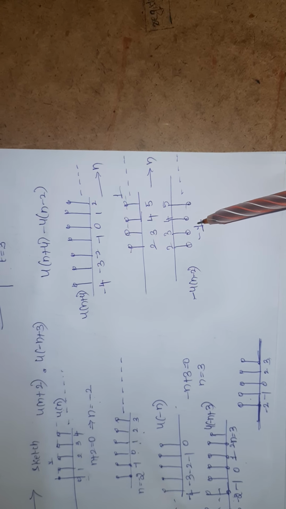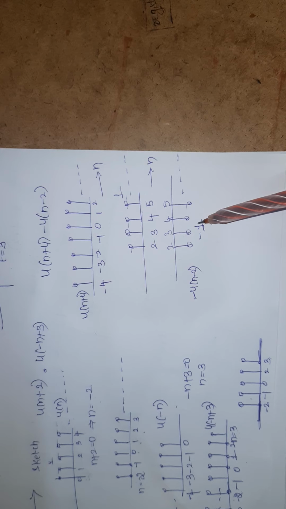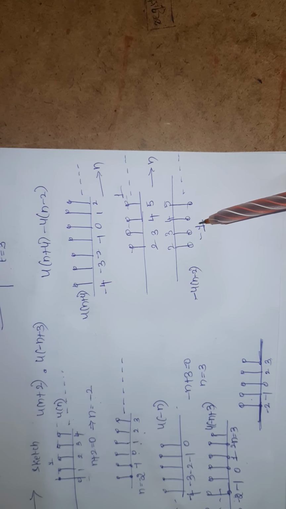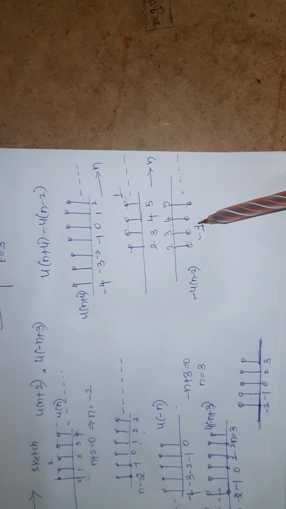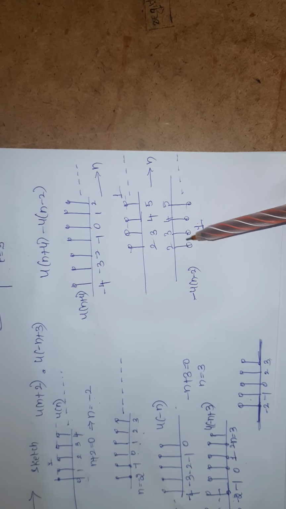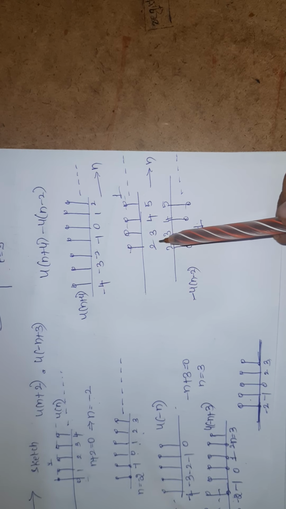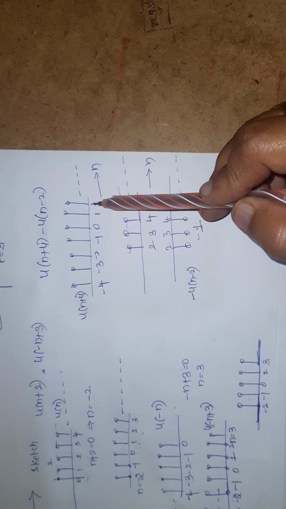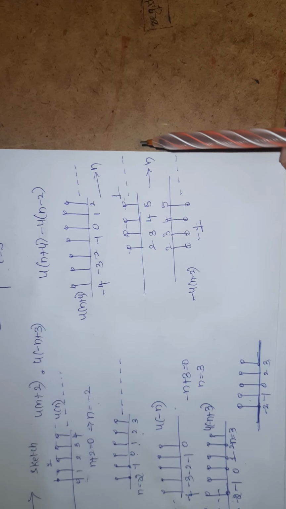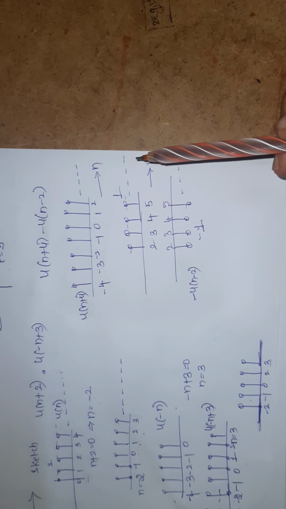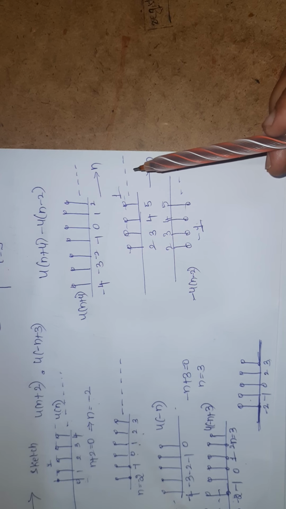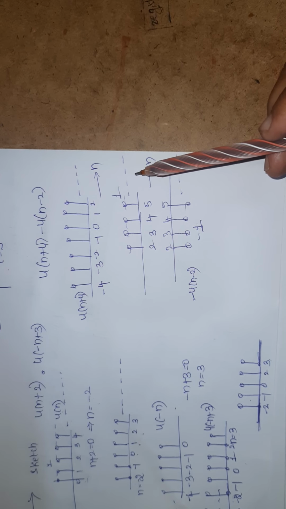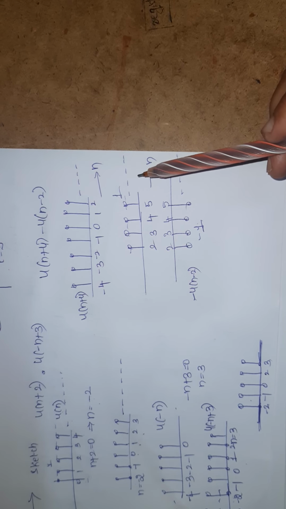Adding means there is only change in amplitudes. And you have to add the amplitudes by considering the corresponding n values. Here the starting value of n is 2. So tell me, what are the samples you are getting?